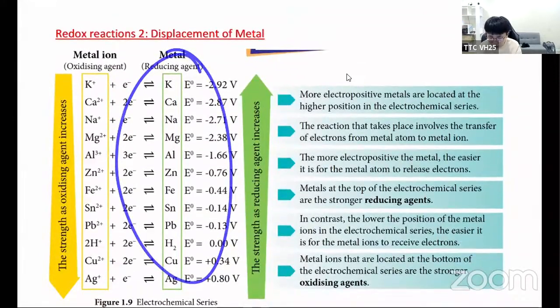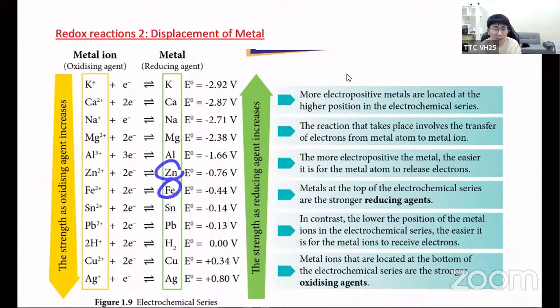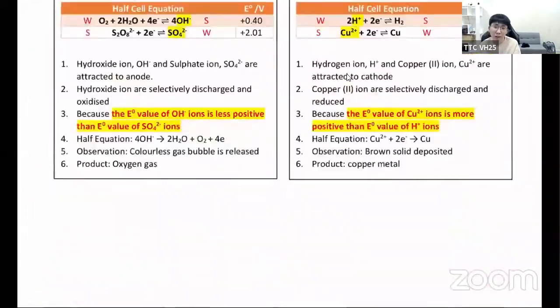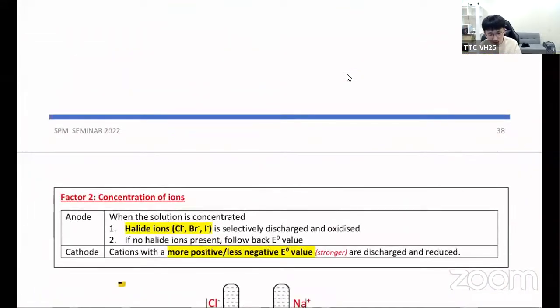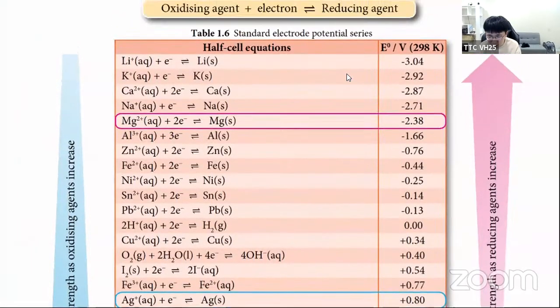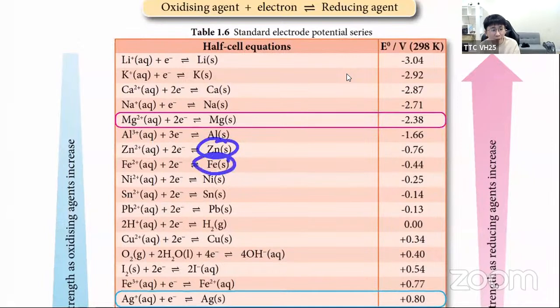Do you see zinc is more reactive than iron? So if it's more reactive, then it will donate electron. The more reactive one will donate electron. Or you can also refer to the SEPS table, the one I mentioned just now. In this table, do you see zinc again is showing more reactive than Fe? So it's always the more reactive one who donates electron to the less reactive element.